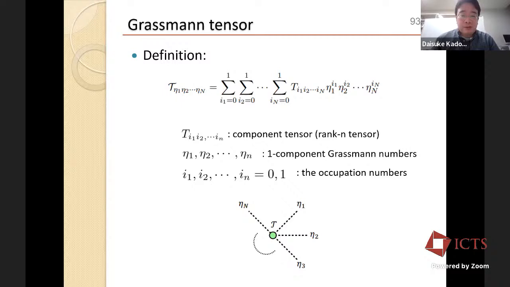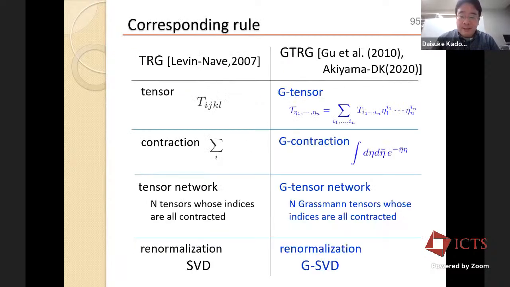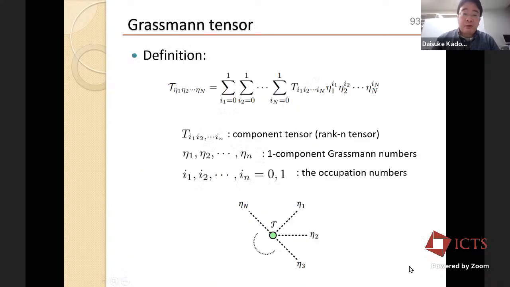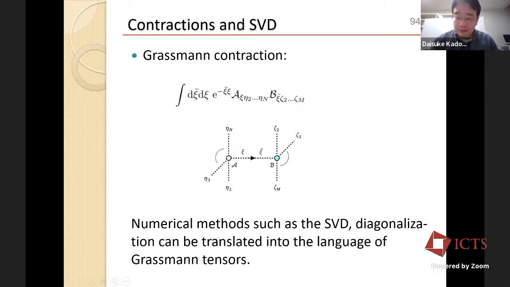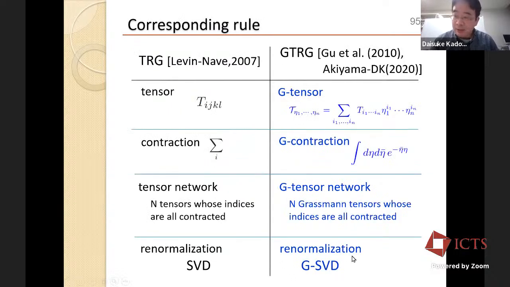It's not the same, but in the Grassmann SVD, the component tensor is decomposed by the normal SVD, but the extra decomposition for Grassmann variables is needed in this Grassmann SVD.